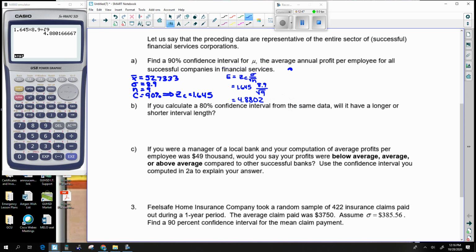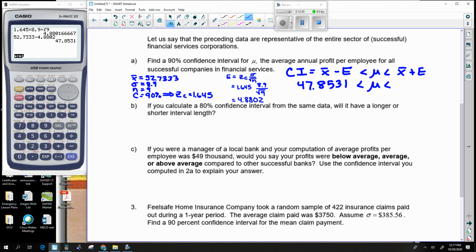All right, so the confidence interval itself is going to be x bar minus E is less than mu is less than x bar plus E. So in this situation, x bar minus E is 47.8531.